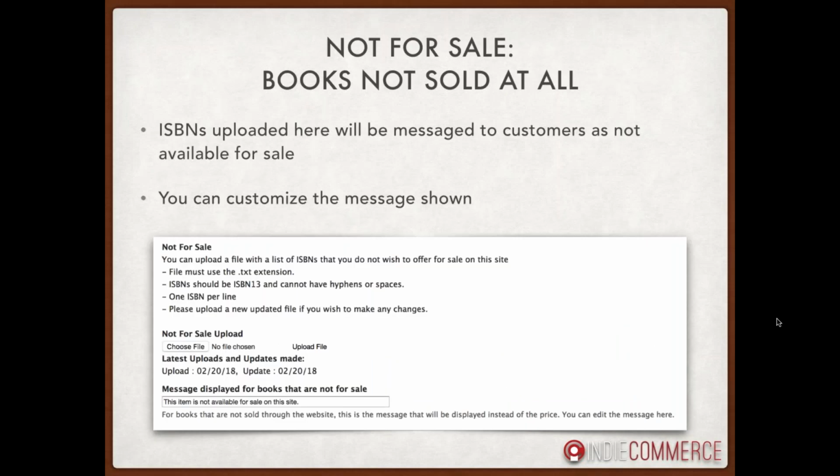The default says email or call for price. But this applies to all books you choose not to sell directly through the site, not just net books. So that means things like special order, hard to find, out of print. If you're not making those available for direct sale, it's going to show this message. So if you want to modify it, this is where you would do it.